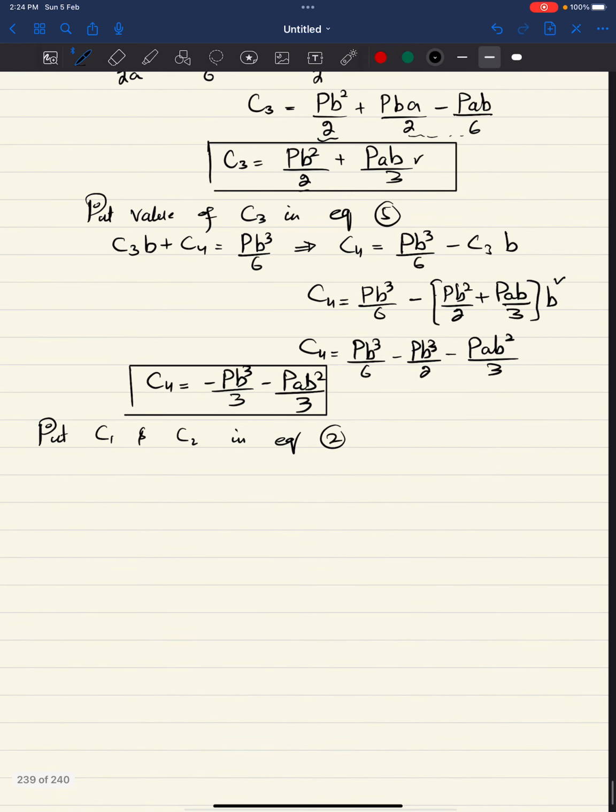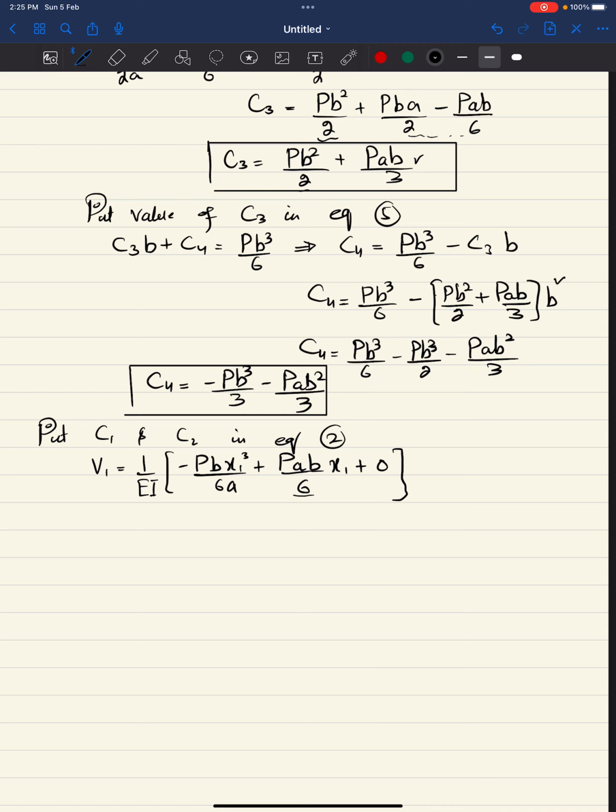V1 is equal to, equation number 2 was, 1 over EI into minus Pb x1 cube over 6a plus Pab over 6 x1 plus C1, sorry, plus C2, but C2 is equal to 0, so this is C1.